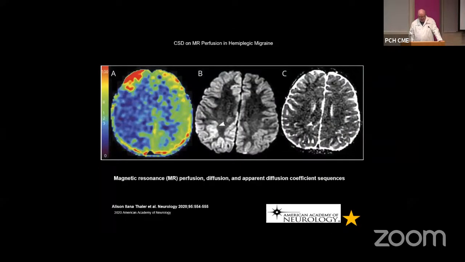And this is just a case report from 2020 from Neurology. And here we have cortical spreading depression on the hemisphere displayed on the left side of the image. I don't see a marker, so I presume it is the left hemisphere. But there's an increased signal on the diffusion image and a little bit of hypointensity on the ADC, suggesting that there's an element of possible ischemia in this condition.